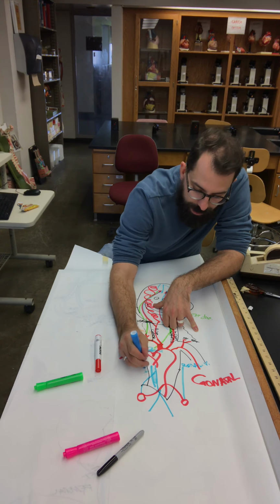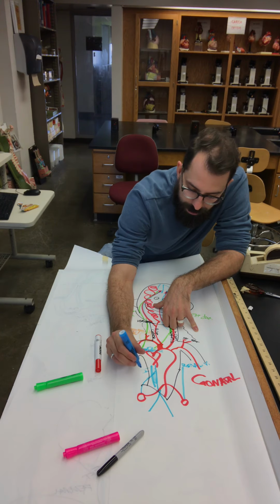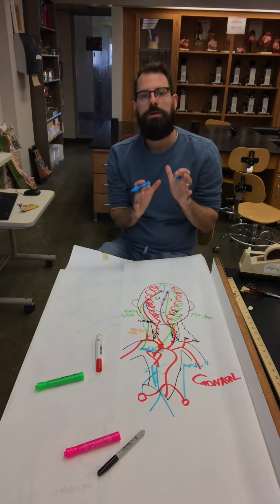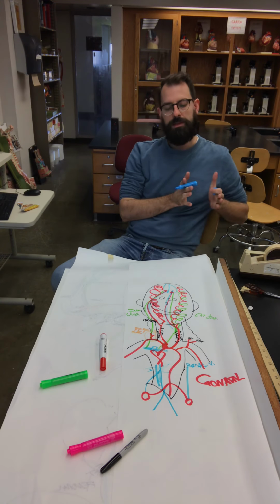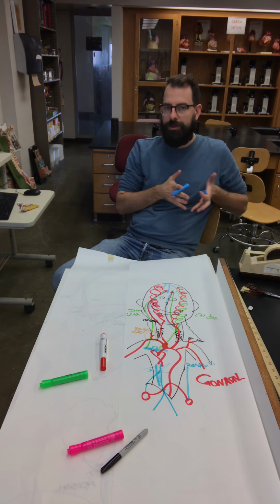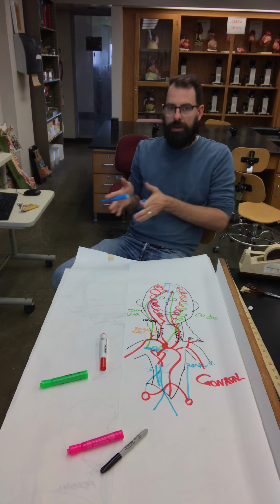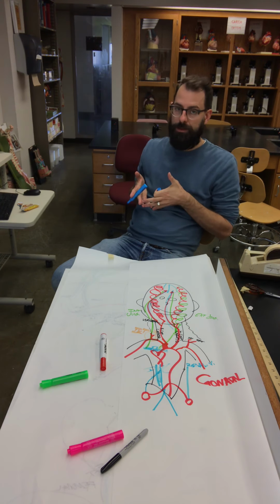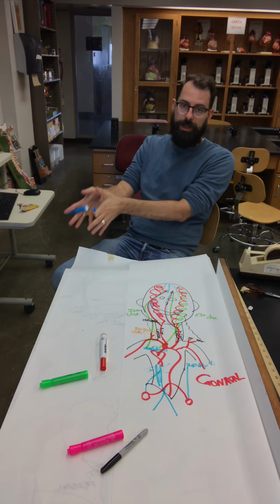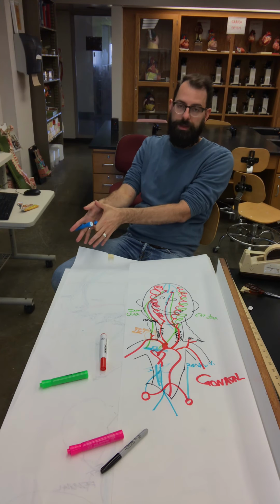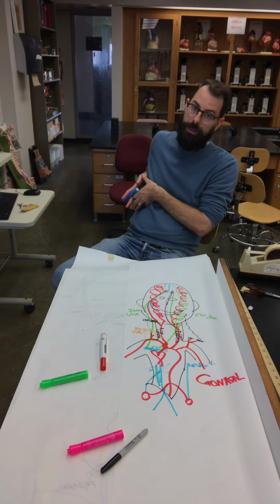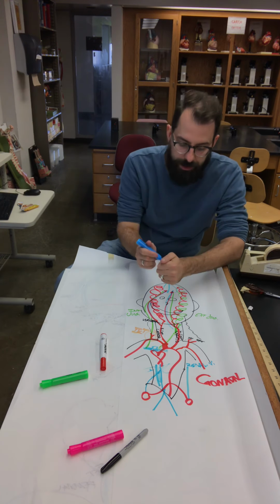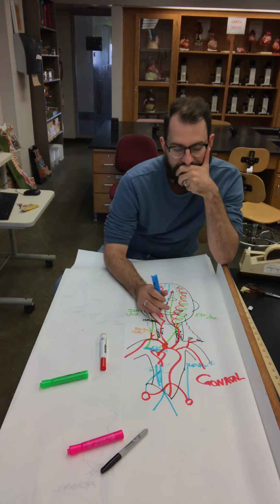It drains straight into the IVC. So the left testicular vein drains to the left renal vein. The left renal vein joins the IVC. The right testicular vein drains directly into the IVC. The right testicular vein does not drain into the right renal vein and then to the IVC. So that's a difference. That's an exception. Okay.